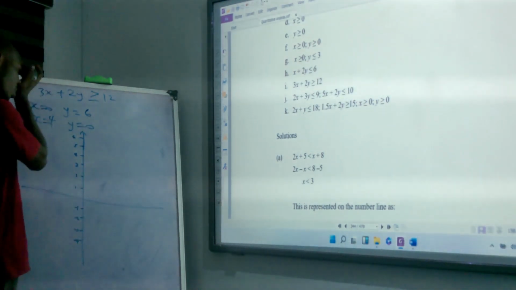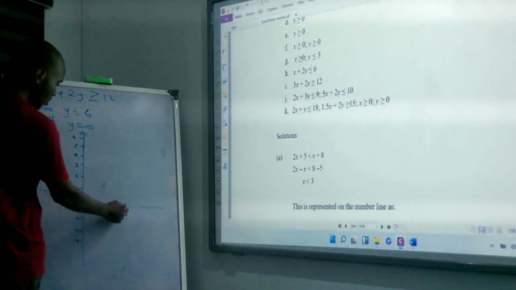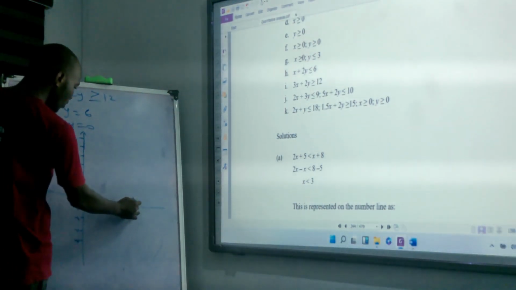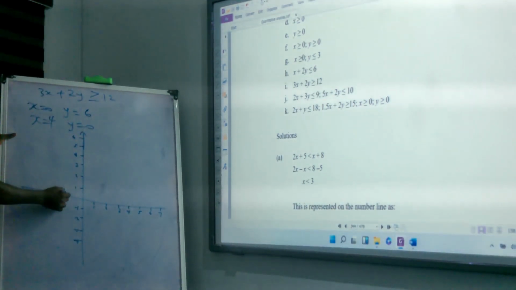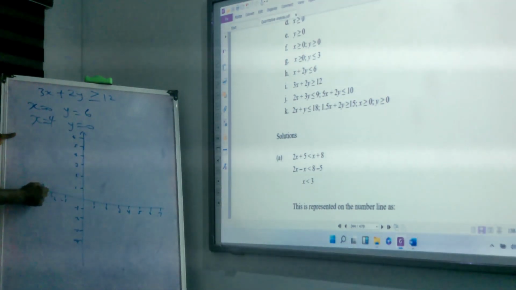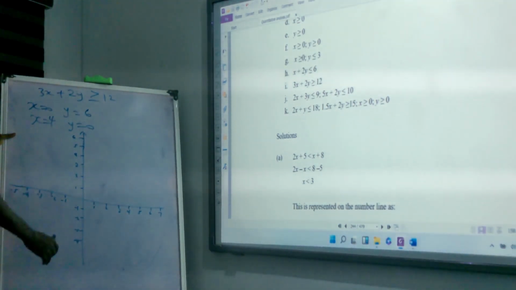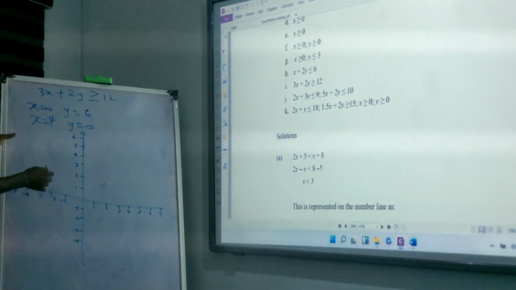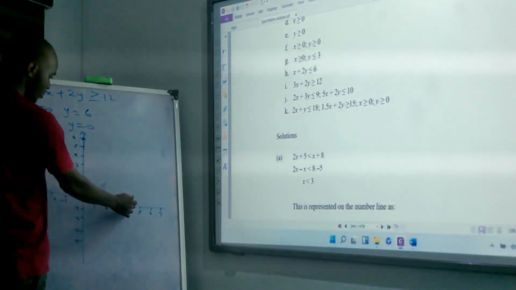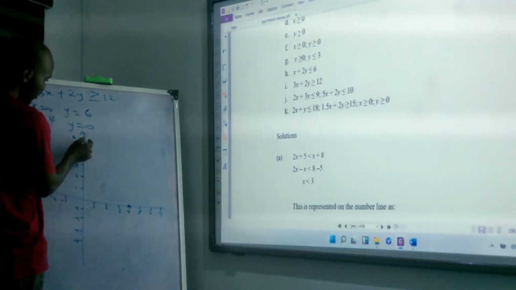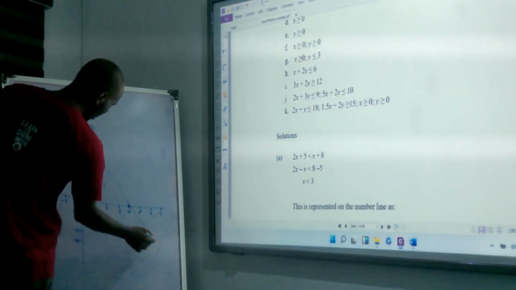Here is 1, 2, 3, 4, 5, 6, 7, and minus 1, minus 2, minus 3, minus 4, minus 5. So when x is 0, y is 6, and when x is 4, y is 0. So I join them together.